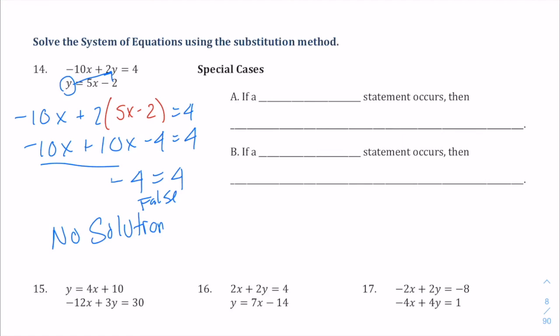There's no solution. So the first special case is if a false statement occurs, then we have parallel lines, therefore no solution.